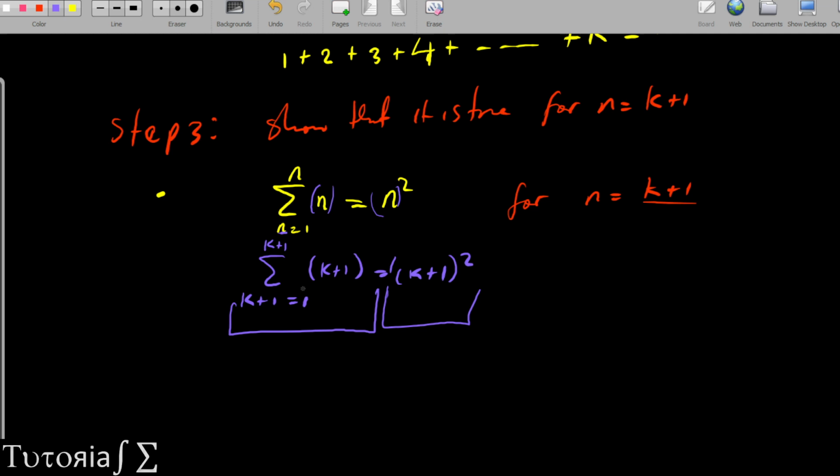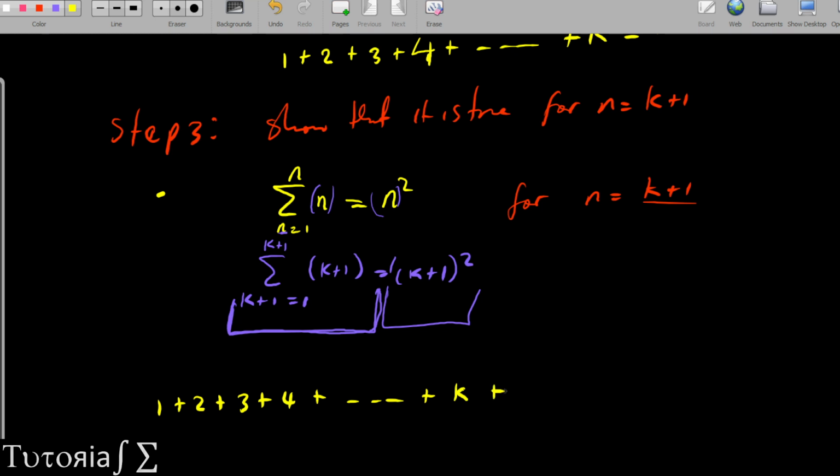The other way you can write the expansion is that this is a sum, we are summing terms, starting from k equals 1 as in the previous step. So we have 1 plus 2 plus 3 plus 4 plus all the way to plus k.